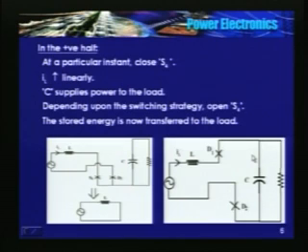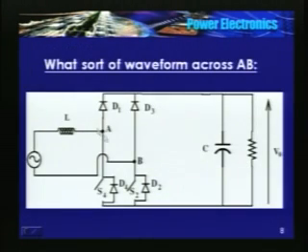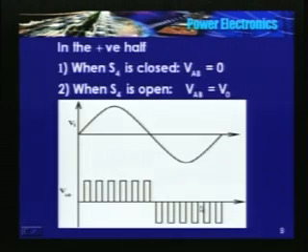So therefore, please don't say that the voltage across VAB is also a sinusoid. No, the voltage across the points AB, or voltage across this inductor at this point, is a stepped wave. In the positive, when I close S4, it is 0, and when I open S4, it is V0. So I will get a series of pulses.